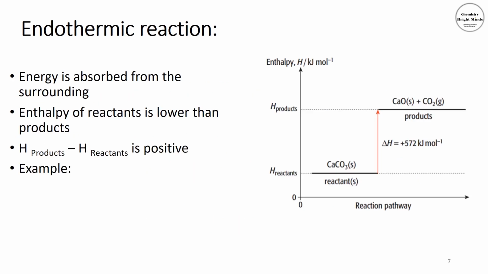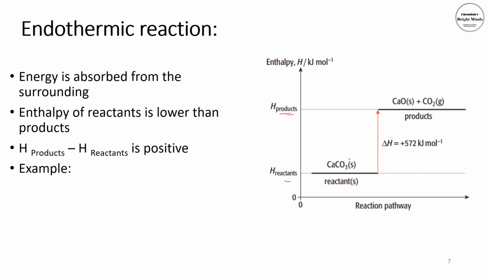Now let's move to the endothermic reaction. My enthalpy profile diagram in that case will show the reactants at the bottom and the products at the top. Here I have calcium carbonate dissociating into calcium oxide and carbon dioxide, and this is usually accompanied by absorbing energy from the surroundings.